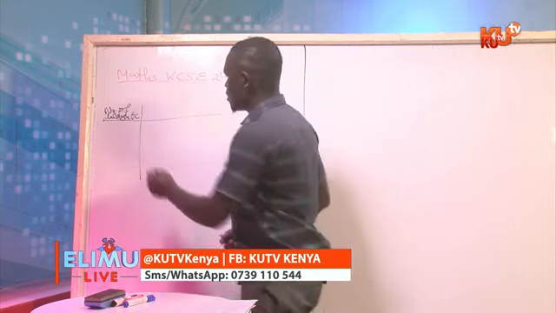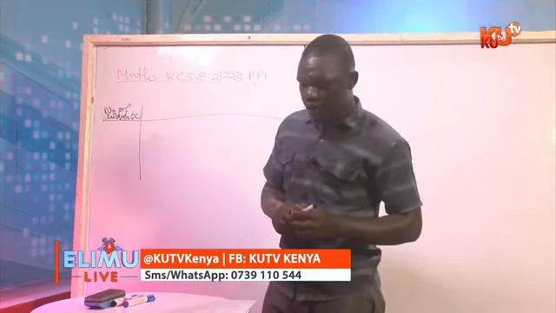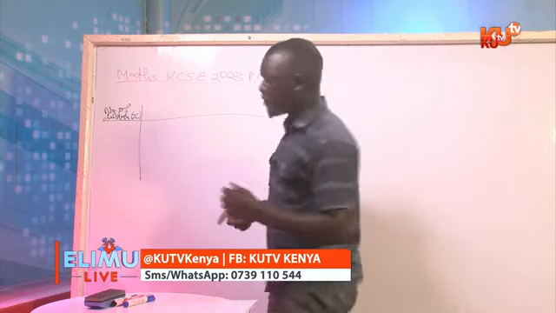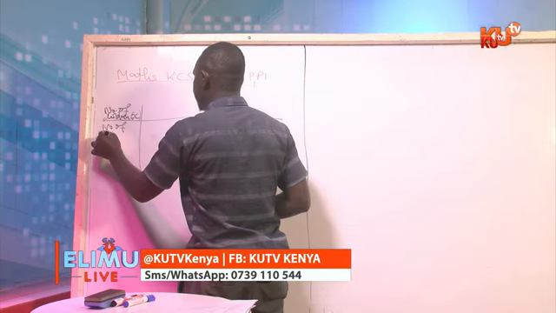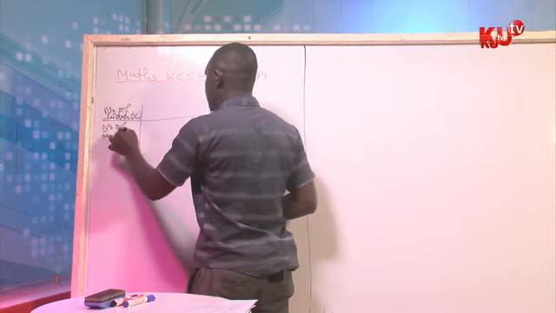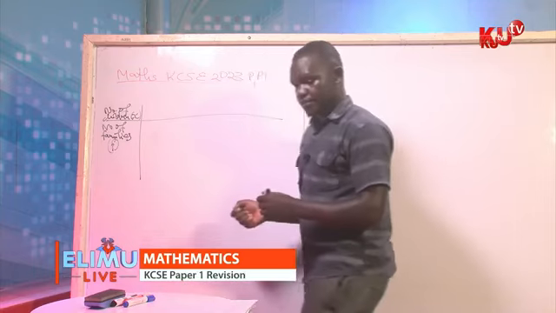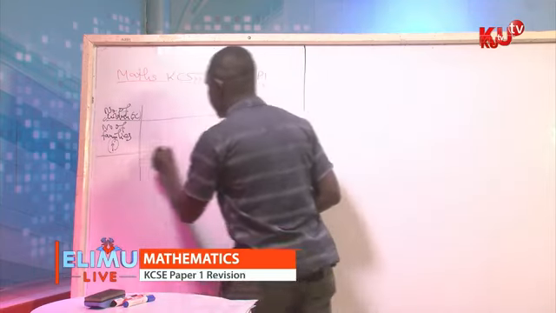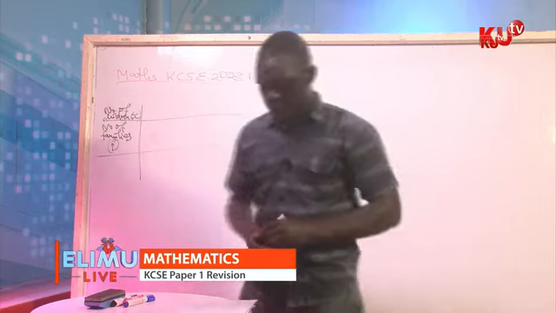That is X. Then, after that, we'll also have a row for the number of families. That will be F. That gives you the frequency.